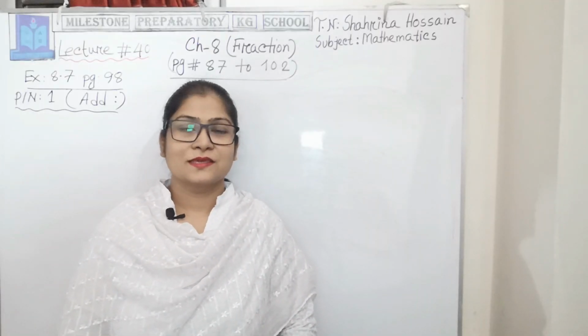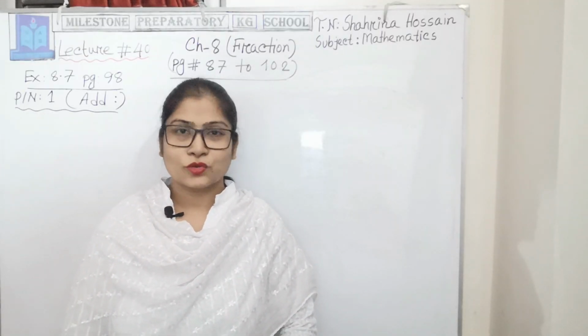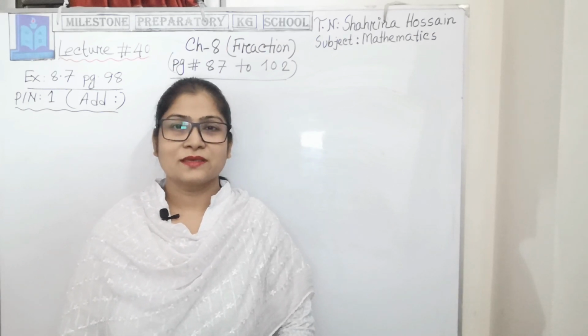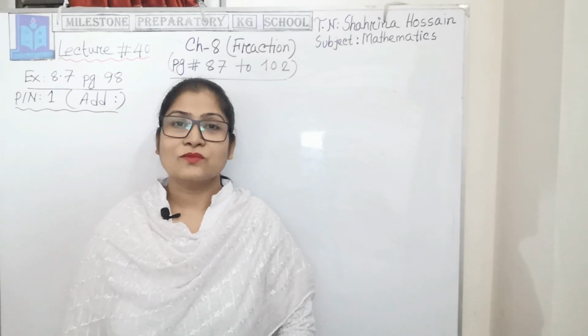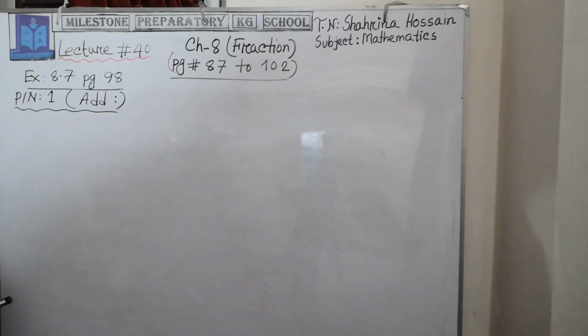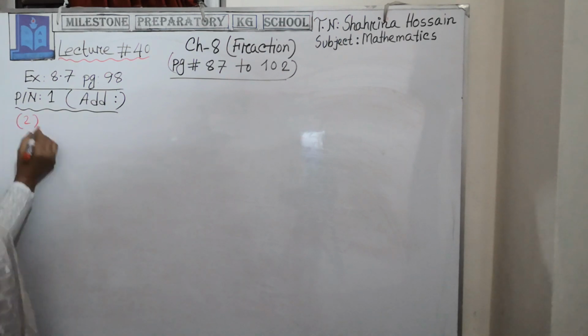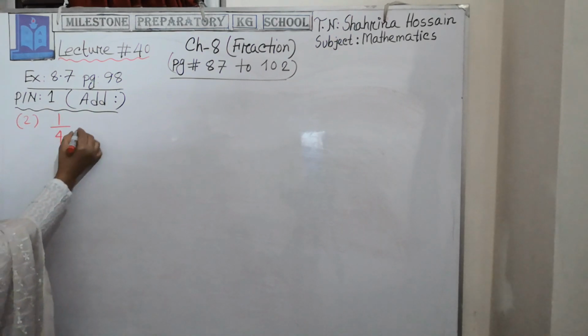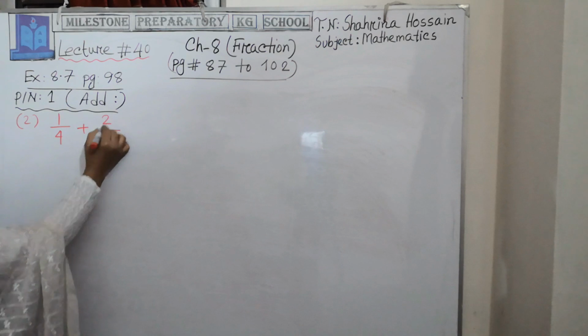Students, now turn your page. Go to page number 98, exercise 8.7. Now we will do addition. Number 2. Here 1 by 4 plus 2 by 5.